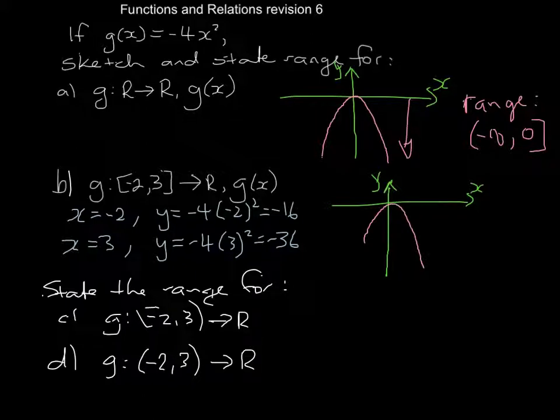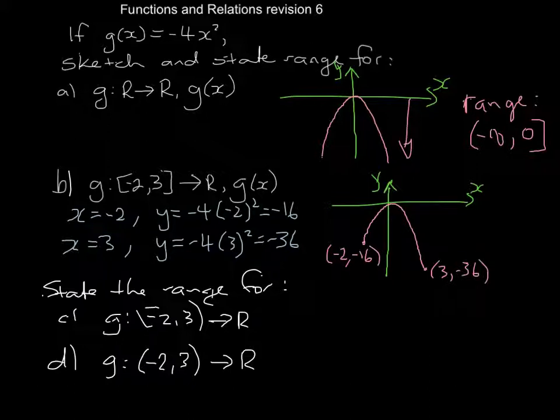Something like that, where this point here is negative 2 and negative 16, and this point here is 3 and negative 36.